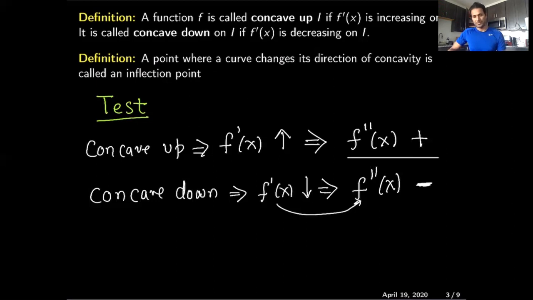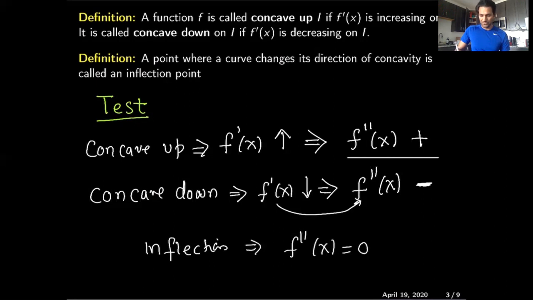And the point of inflection will be where the second derivative of the function is either 0 or does not exist. So the inflection point implies the second derivative of the function is 0 or, in some situations, undefined.